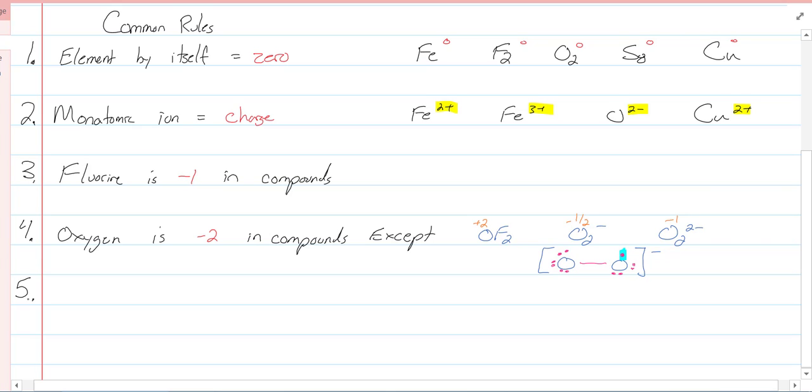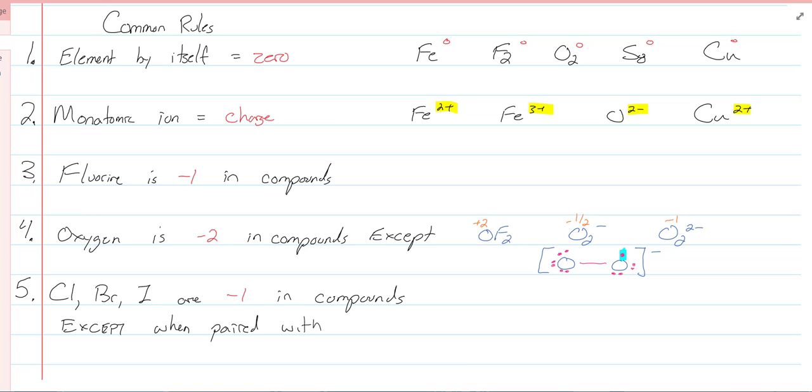Number 5. Now I'm going to skip to number 5. We're going to continue with the negatives. Chlorine, bromine, iodine are -1 in compounds, except when paired with fluorine or oxygen.